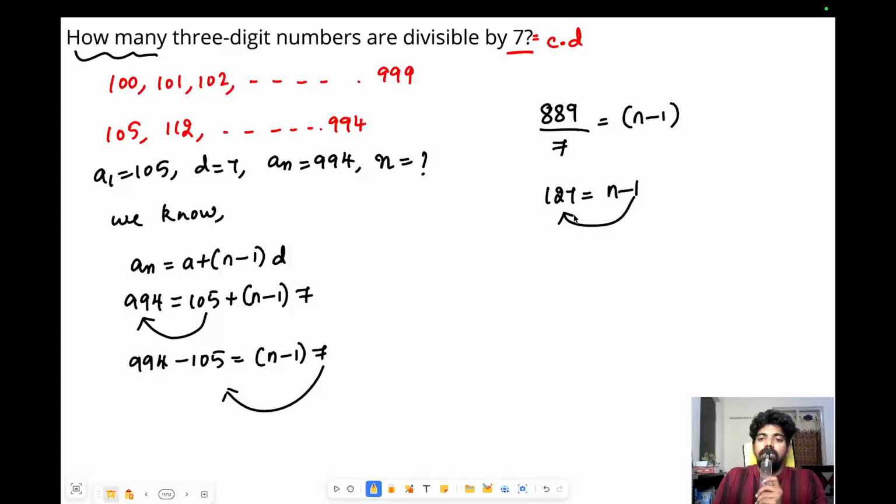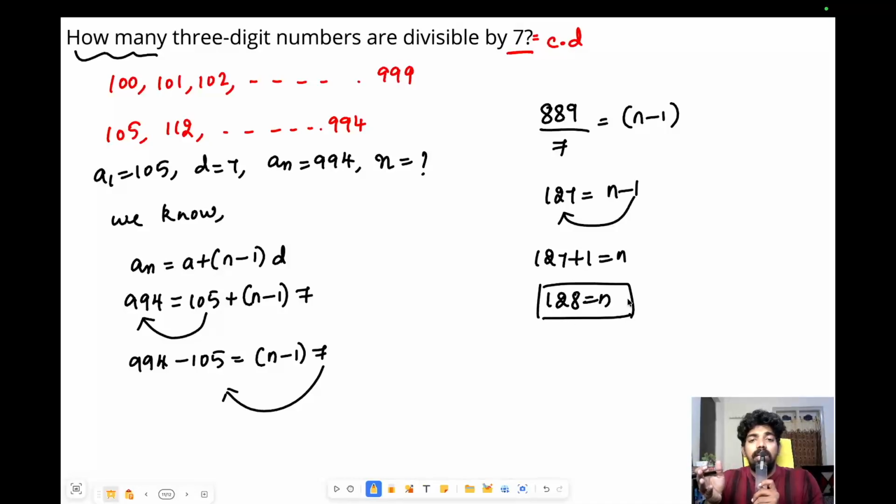Transposing minus 1 again, 127 plus 1 is equal to n. 128 is equal to n. So the number of terms between 100 and 999 which are divisible by 7 is 128. Now next question.